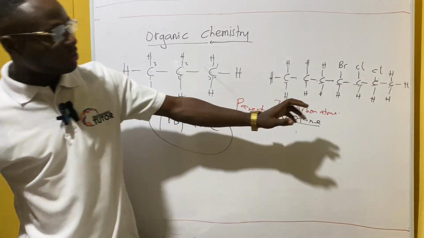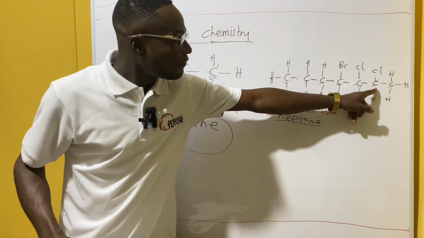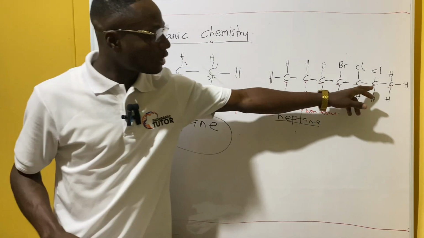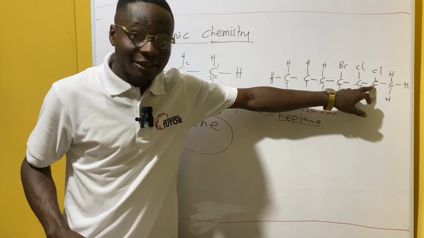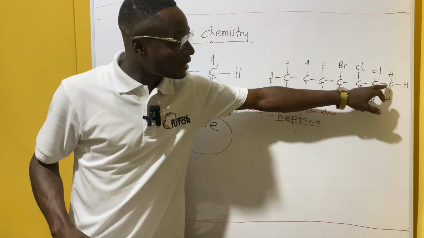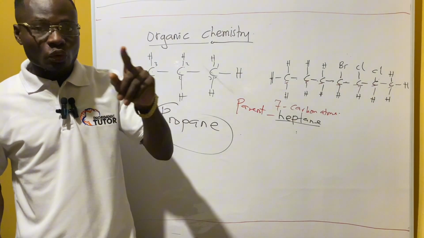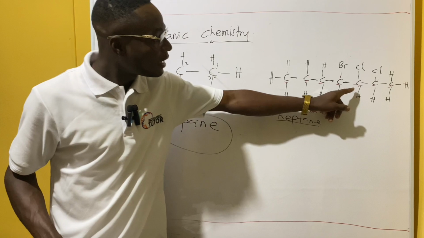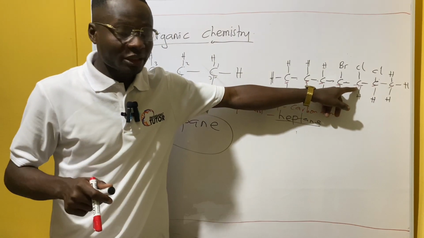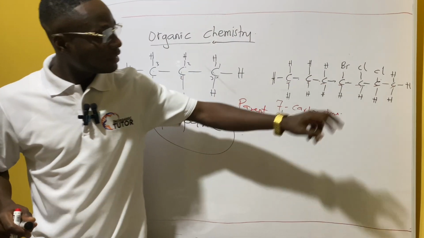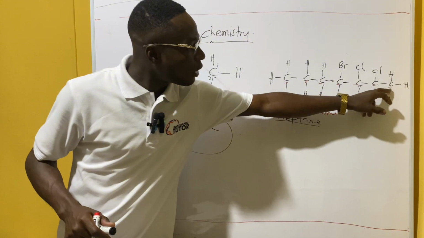So now from here, we can see that the first chlorine atom is landed on the second carbon atom. So we have 2-chloro, and then the next one too is chlorine. So it's going to be 2, 3.